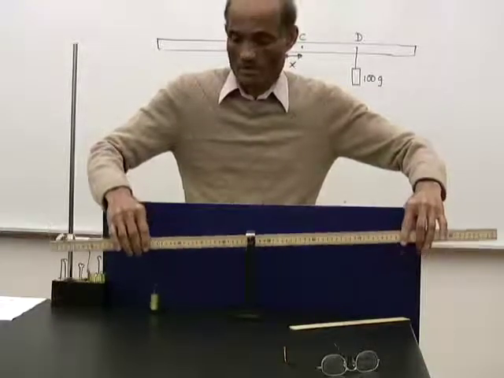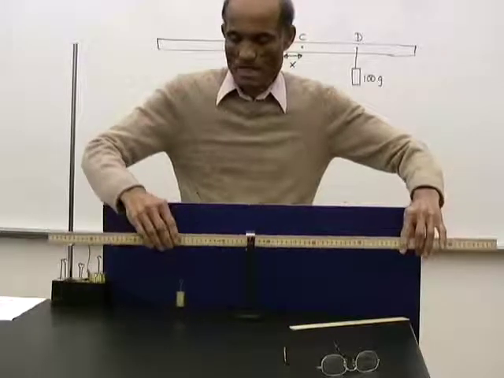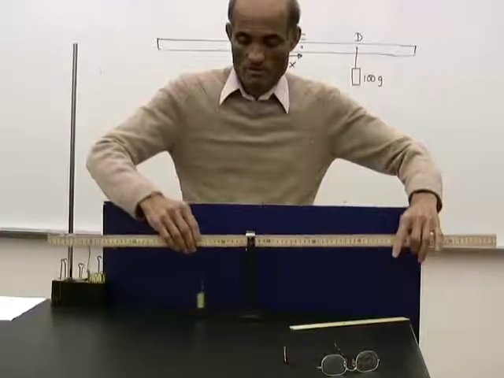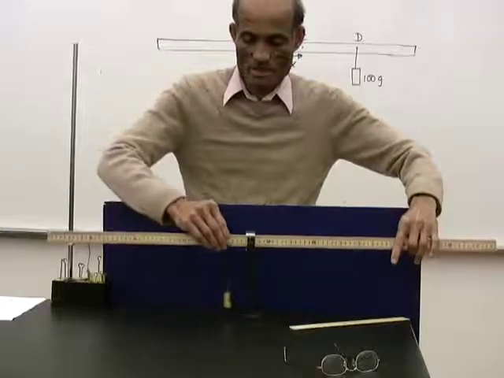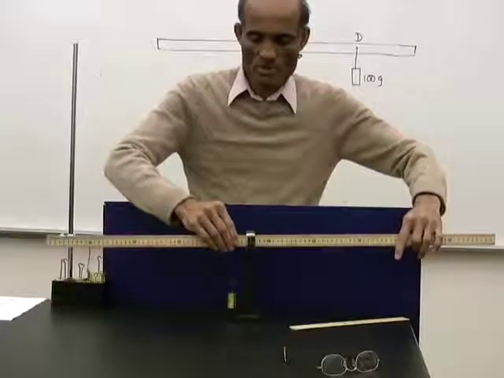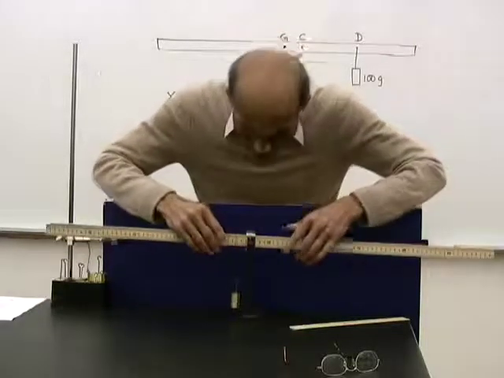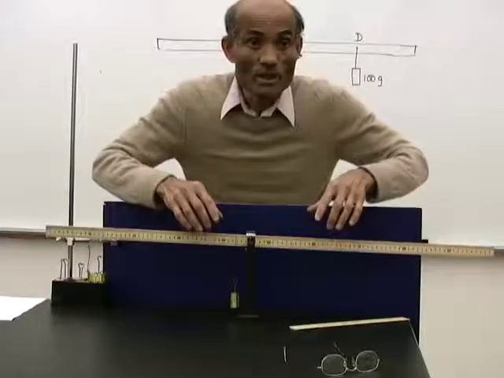Change its position so that the ruler is balanced. Well, again, it takes patience. Okay, let's see where it's going to be balanced. Alright, it's nearly balanced.